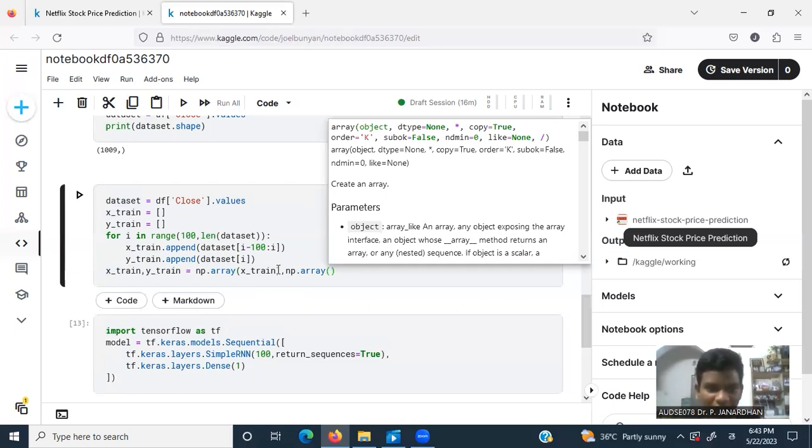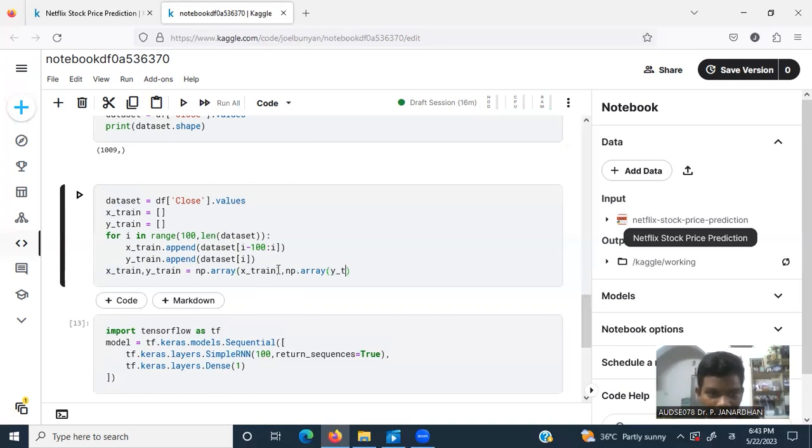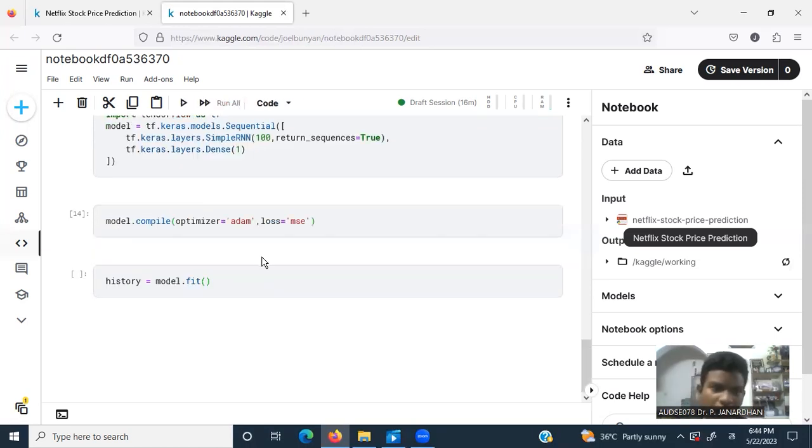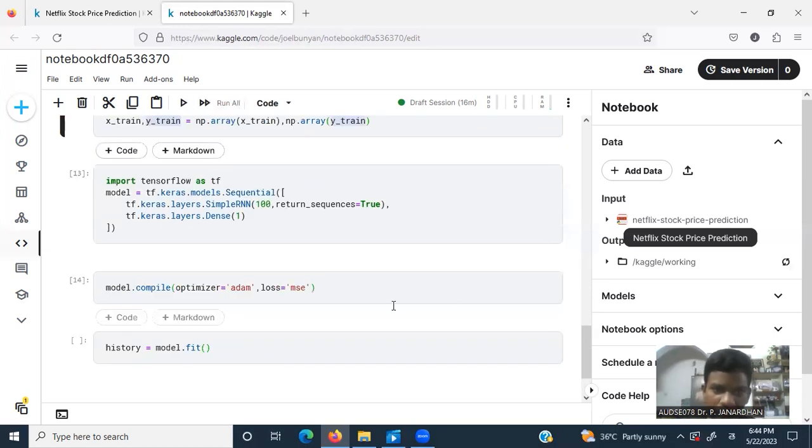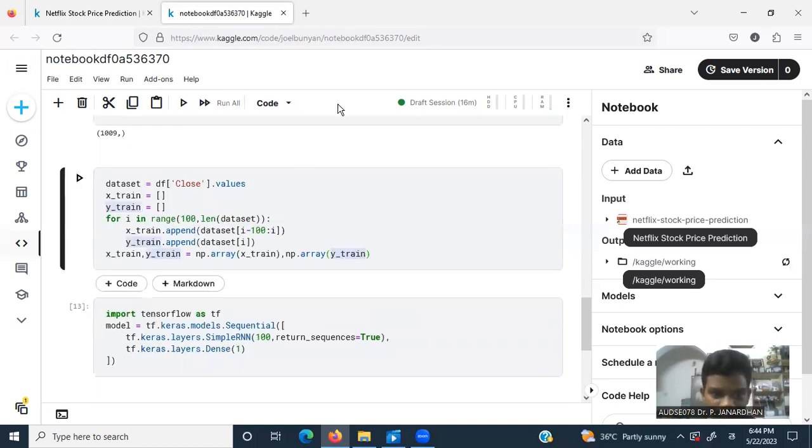So we're going to convert x train into a numpy array of x train, and y train into a numpy array of y train. Understand that? Hopefully we have designed the model, written the architecture and all that, and we have also designed the data set.